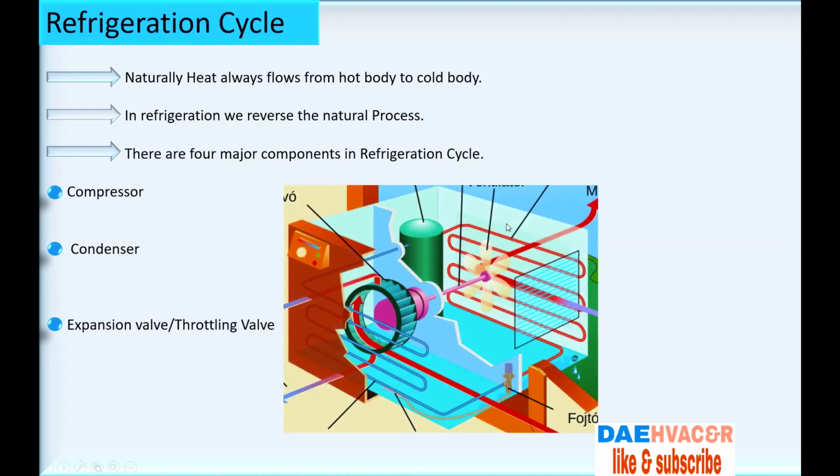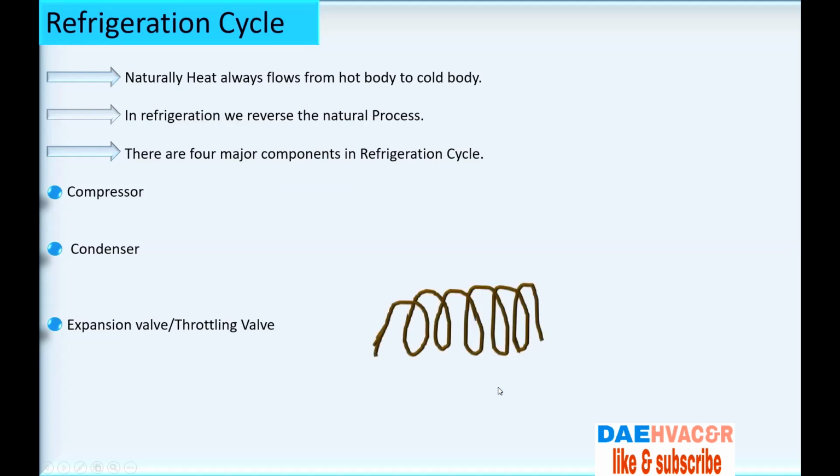If this is the inner diagram of your AC, then this type of expansion valve is used to reduce the high pressure liquid into low pressure liquid. Or if you look at your refrigerator, then this type of capillary you will find before the evaporator. This is used to reduce the pressure.